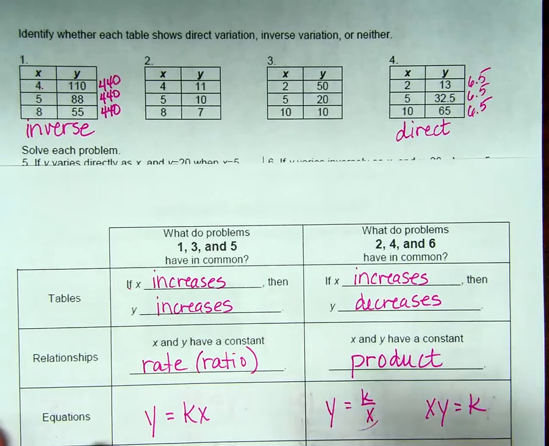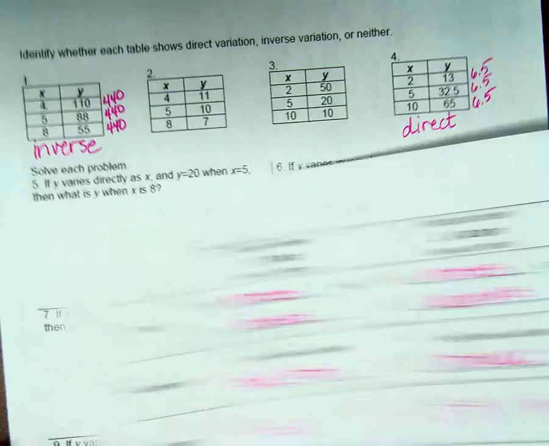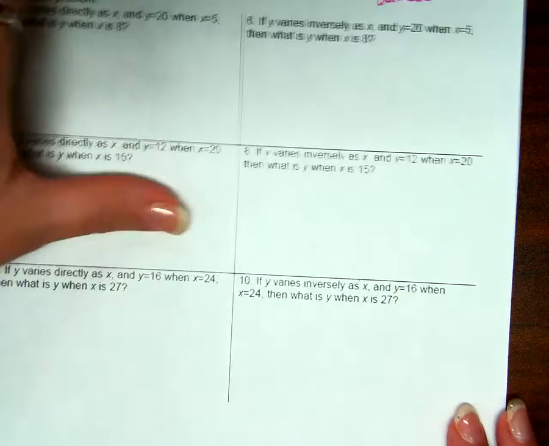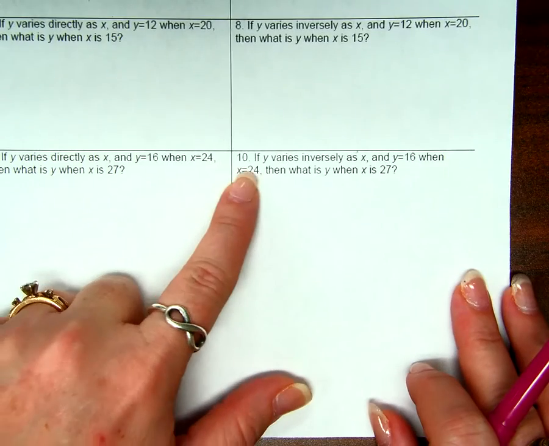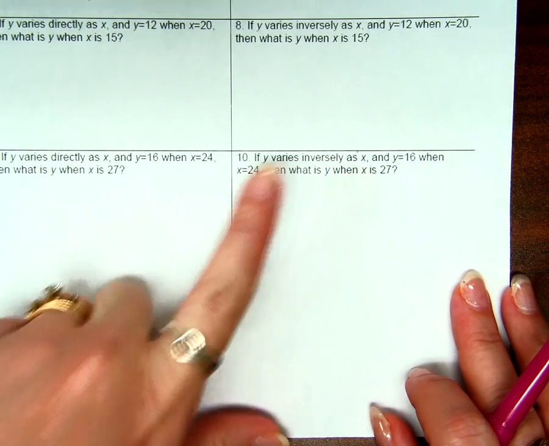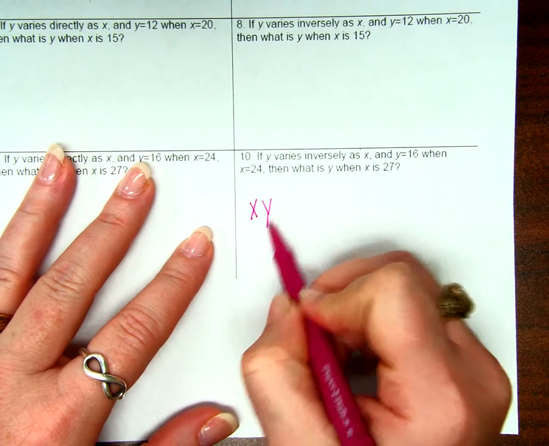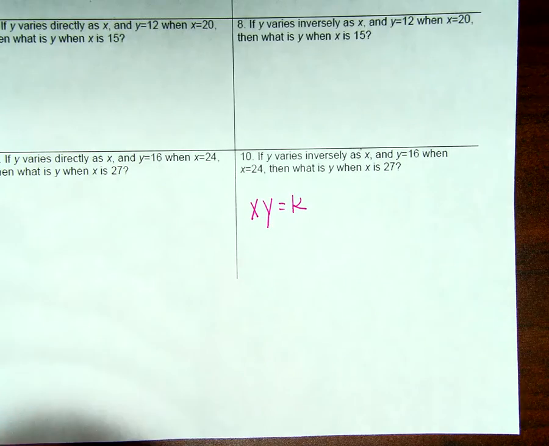Okay. I'm going to leave you to do 2 and 3. I will do one of 5, 6, 7, 8, 9, or 10. Which one would you like me to do? Let's do 10. Okay. So number 10 says if y varies inversely as x, well, if it varies inversely, and I know I'm going to have to be solving for k first, can I start here?